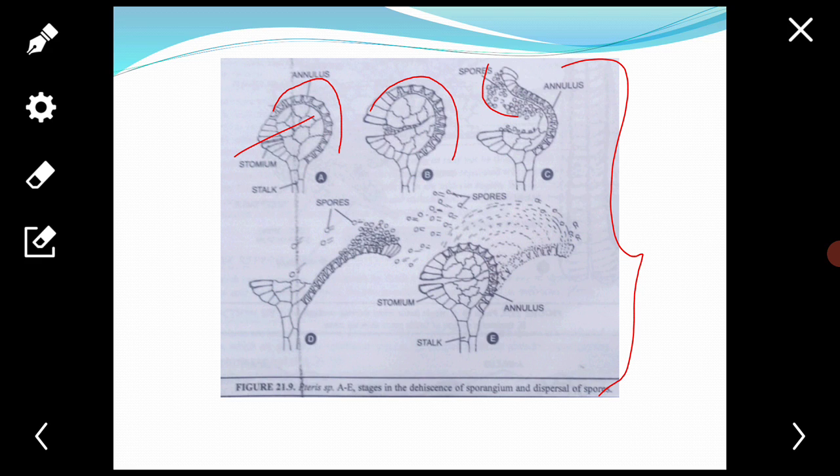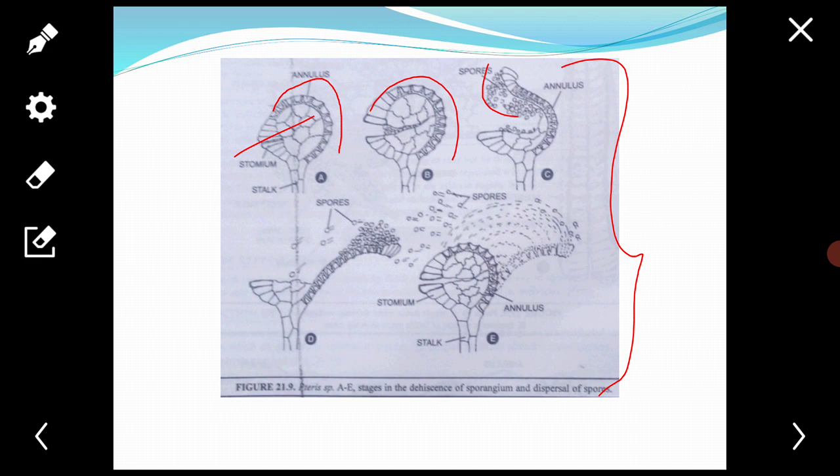The cohesive force of water within the cells of the annulus decreases considerably. Their thin outer walls are pushed towards the outer side, resulting in the annulus snapping back to its original position.